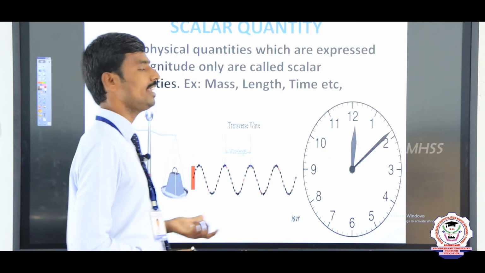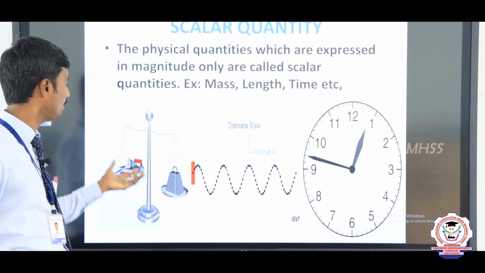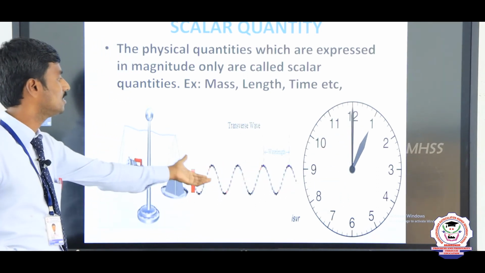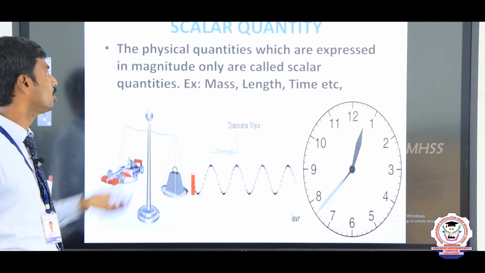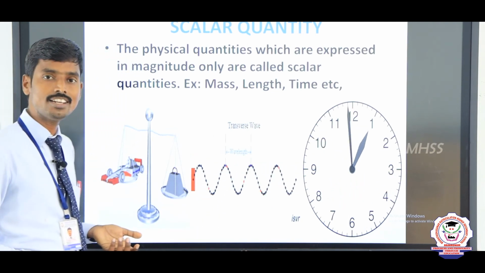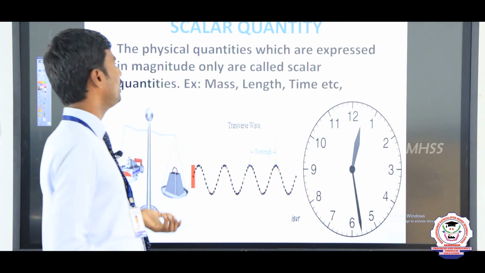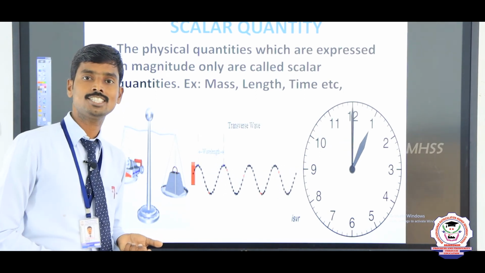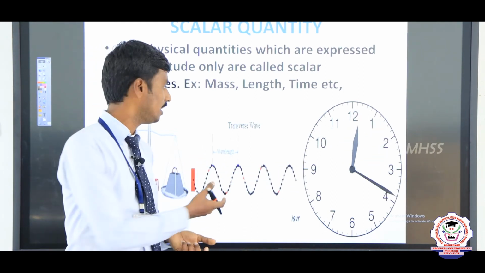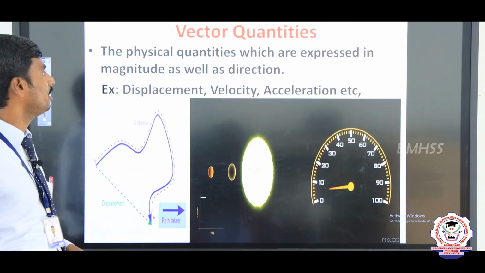Examples of scalar quantities: length, mass, time. This is a good example for scalar quantity. Define scalar quantity: a scalar quantity is any physical quantity which can be expressed in magnitude only, with no direction. The next heading is vector quantity.